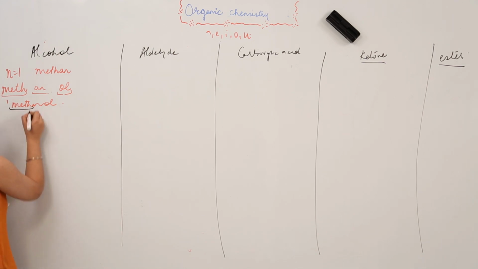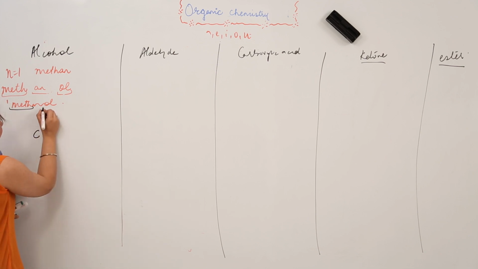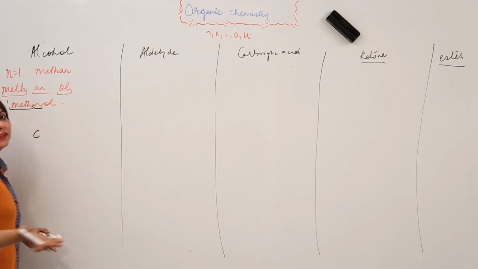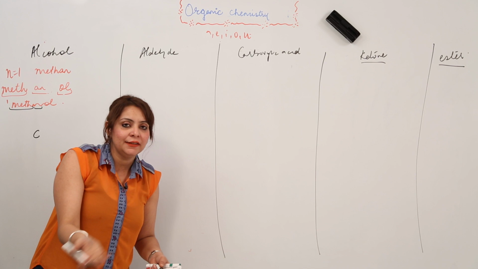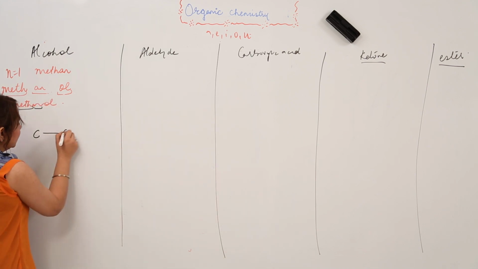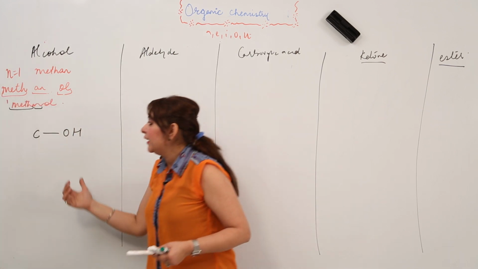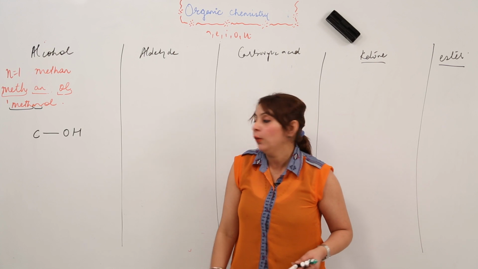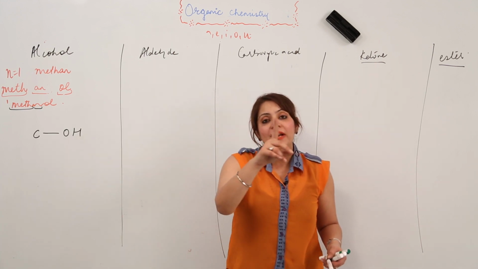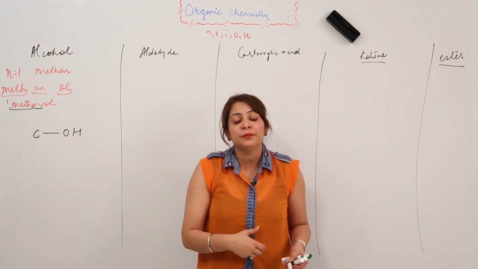So see how I am writing the formula for it. Meth indicates one carbon atom, so this is what I have written, one carbon atom, right? This second is ANE, so I don't have any other carbon, so that means ANE means nothing to me in this case, right? All means OH group, so I've just put one OH, right? So as you can look at the board, how many valencies of C are satisfied now? Obviously only one valency is satisfied, and we are still left with 3, and there is no other atom to pair up with carbon.